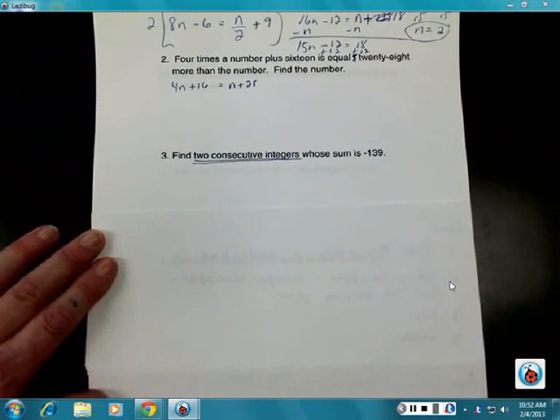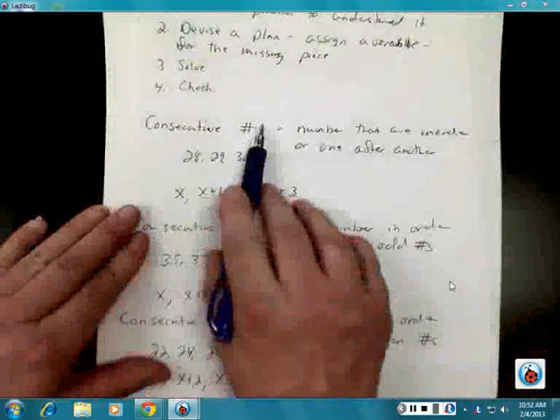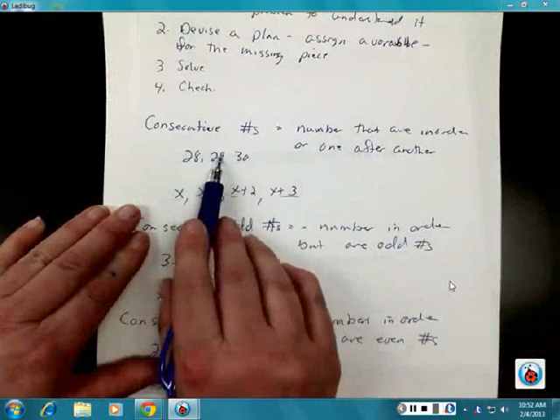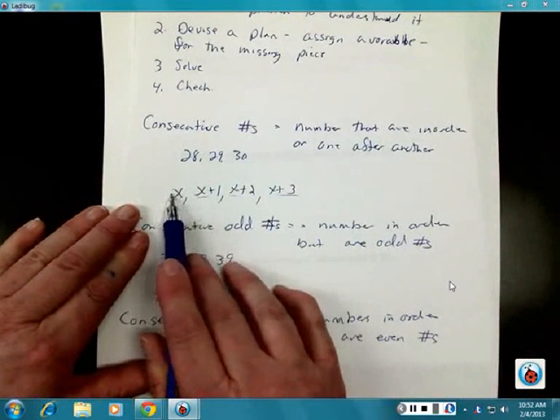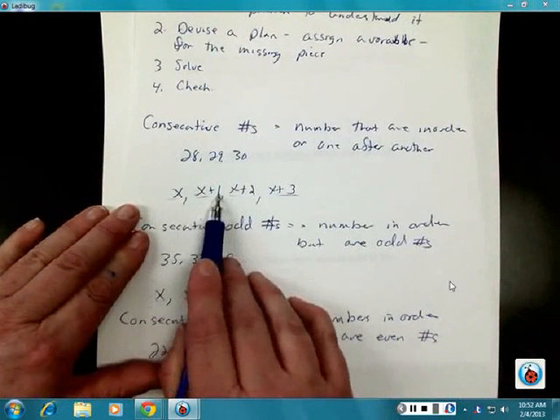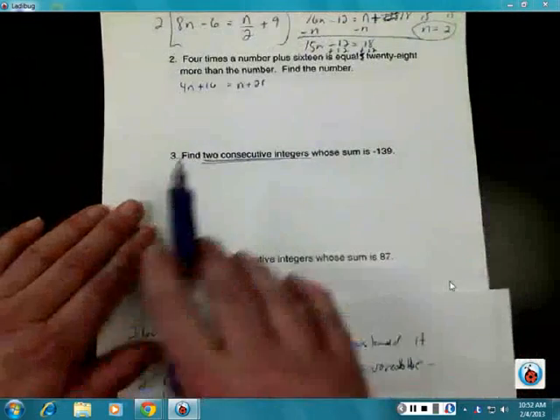So that's kind of like going back to my notes here. The note page said if I got consecutive numbers, remember that 28, 29, and 30, if I didn't know what the first one was, it's x. If I don't know what the second one is, it's x plus 1. Remember that? So that's what I've got to do here.